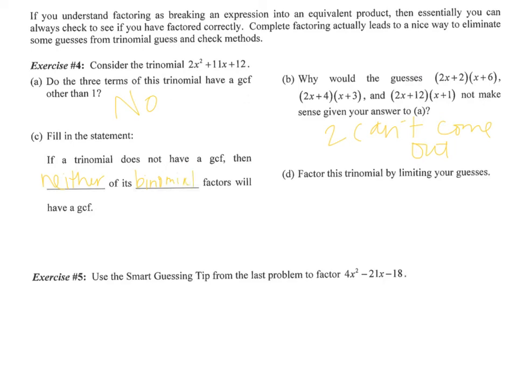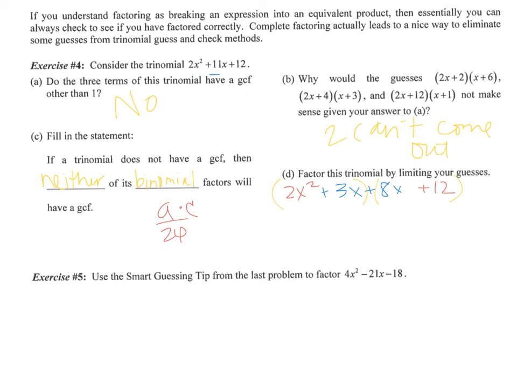So we're going to factor this like we have before. So we have our A, we have our C, and our A times C is 24. Multiplies equal 24, adds equal 11. Well, 24, that's going to be 8 and 3, so I have a 3x and an 8x, and now we're going to do our binomials.